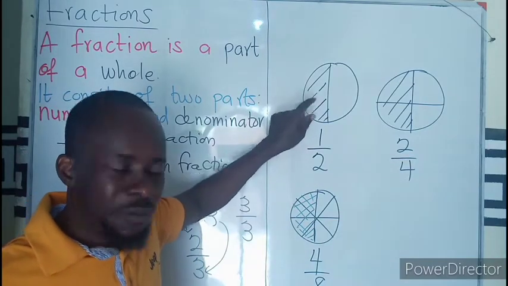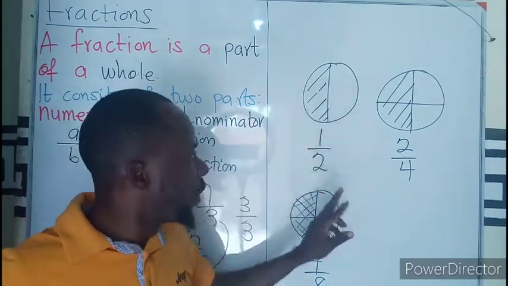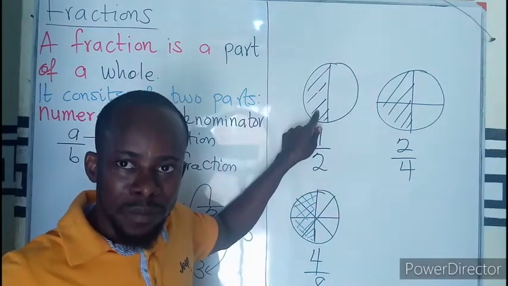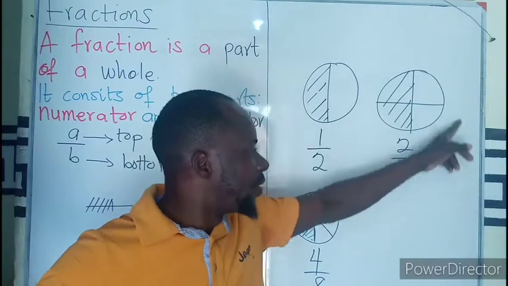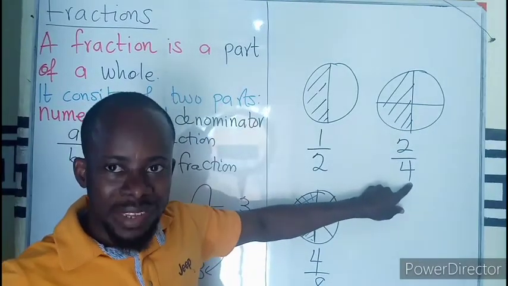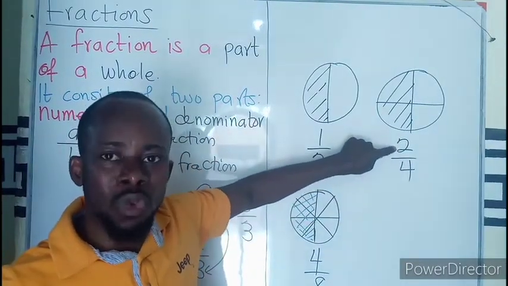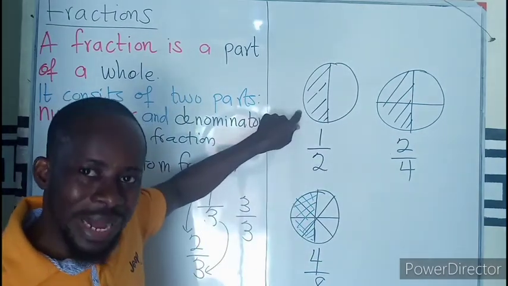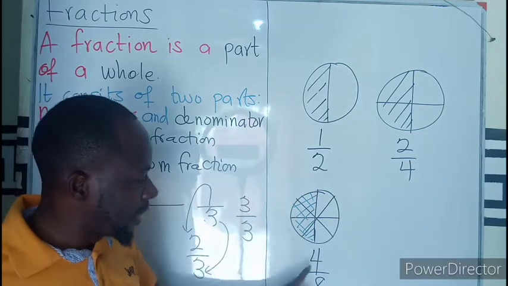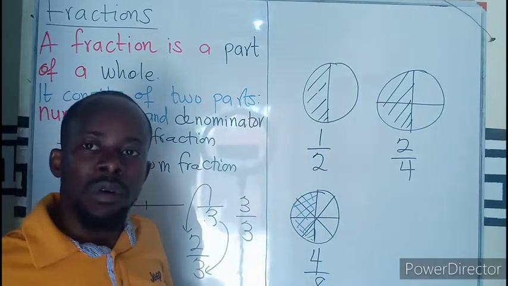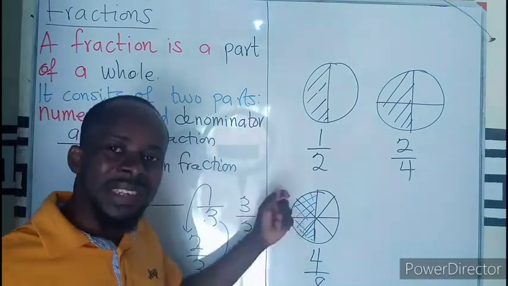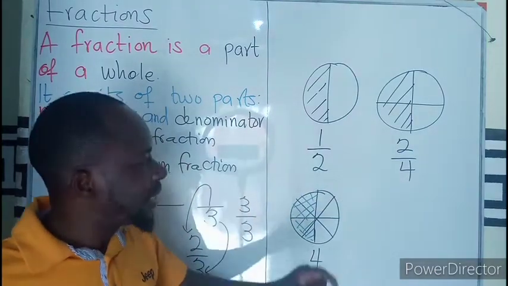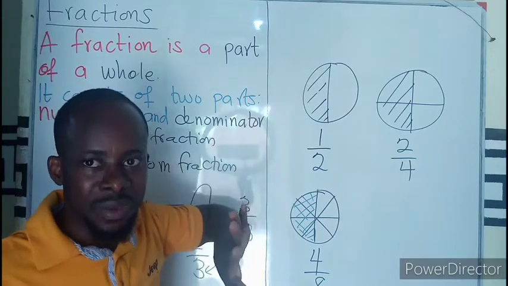So if this orange is shared between 2 people, the part that you receive will be the same as if this is shared into 4 parts and 2 parts are given to 1 person. It will be the same as the one who took 1 part. Similarly, if this orange is divided into 8 parts and 4 parts are given to somebody, that person will still be having a part equal to half of the orange.